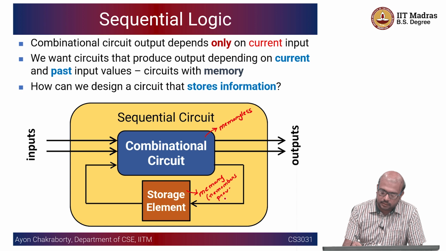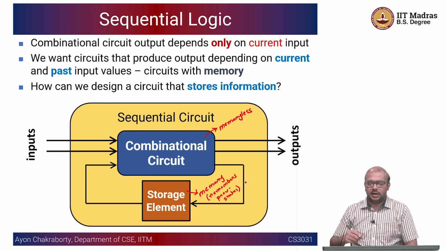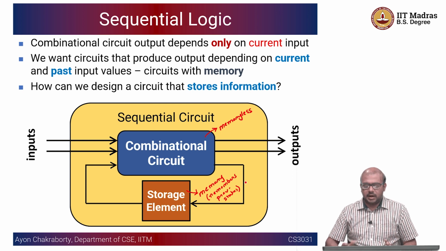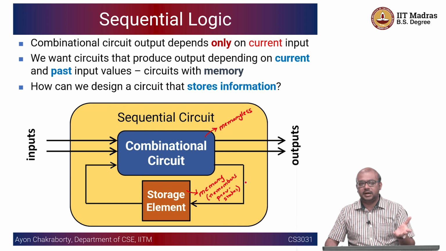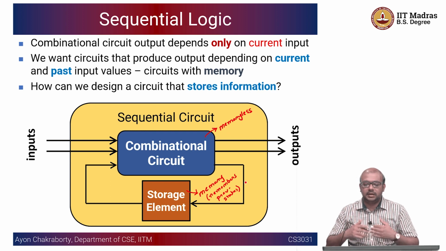previous states. States is used analogously with output also. Sometimes you might have multiple outputs, you can have an input-output combination. This entire thing could define a state of a circuit. So what was the last state of the circuit, and when you give a new set of inputs, the circuit moves on to the next state.